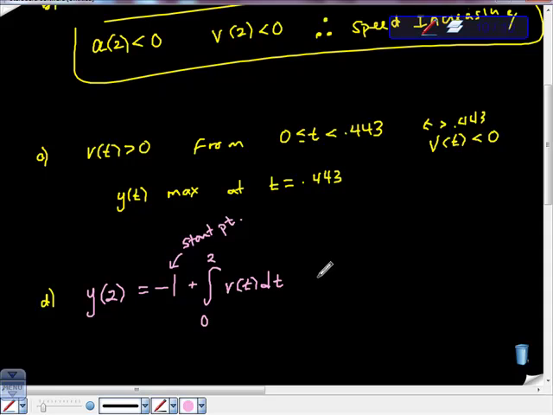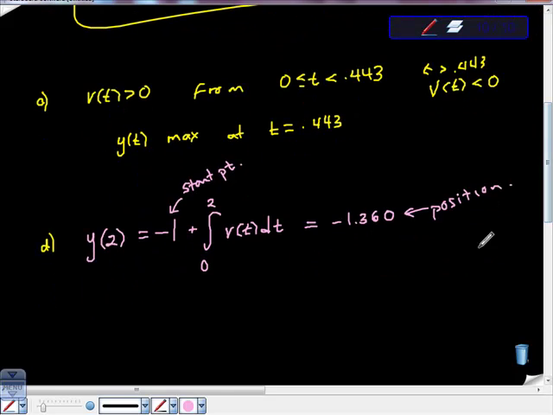I'll just plug that exactly into the calculator like that. Of course, you have to enter your function there, but it's going to give you back your answer, which is -1.360. So that's the position.